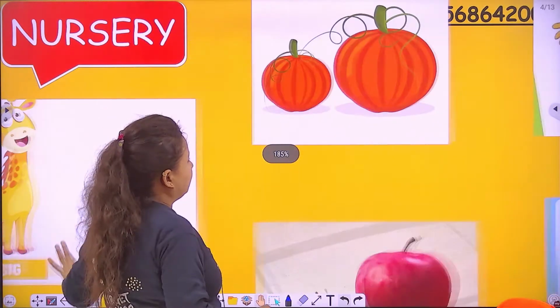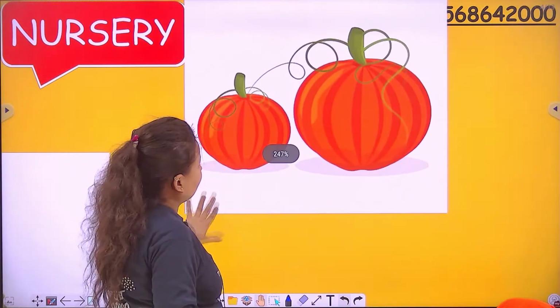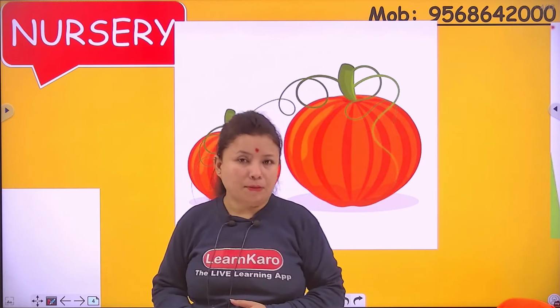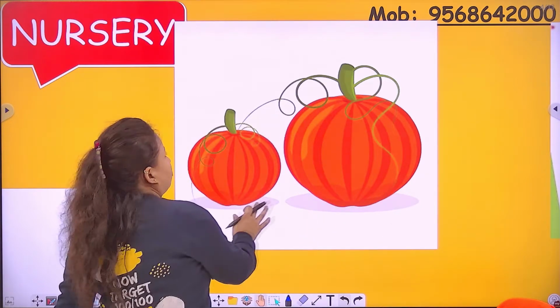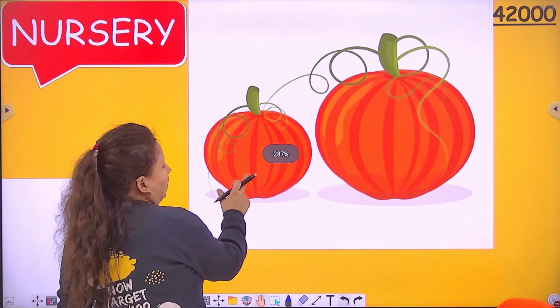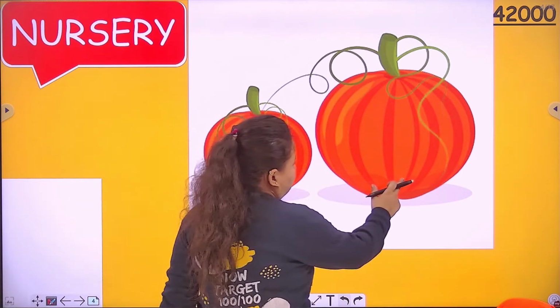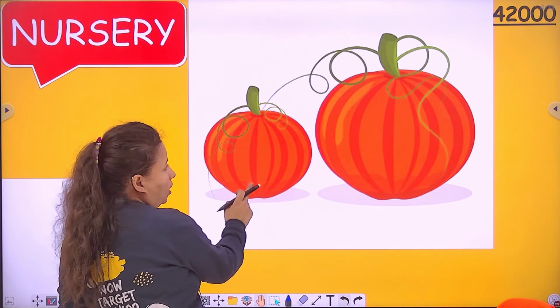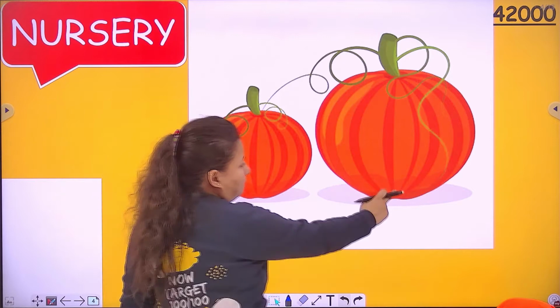Let's see. Which vegetable is this? Pumpkin. So this pumpkin is small and this is big. Big, small, small, big.